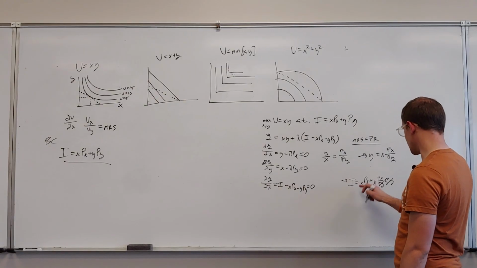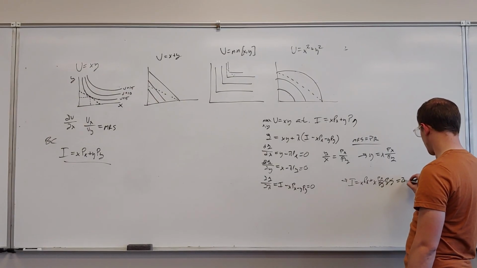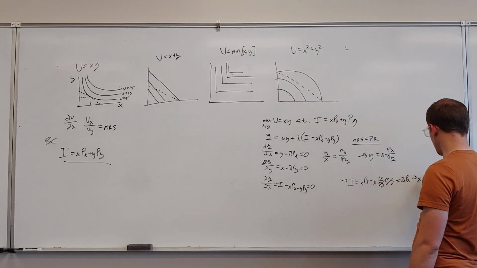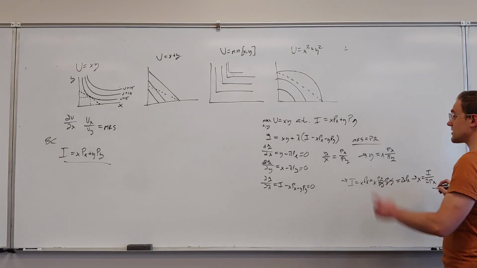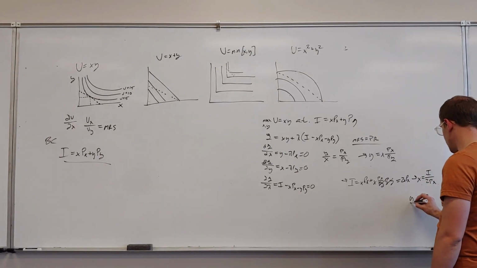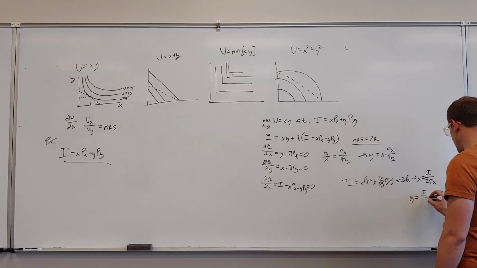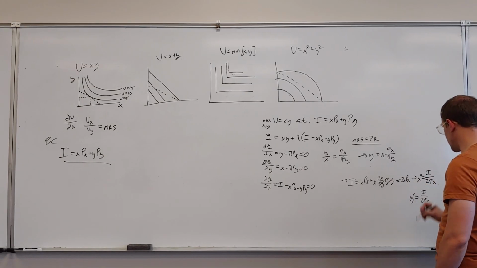Sorry about that. Okay, so we get 2 x px is I. Solving for x, we get I over 2px. And actually in this case, because of our utility function, y is symmetric. So it's I over 2py. And there we go. There we have it. Those are our optimal bundles of x and y.